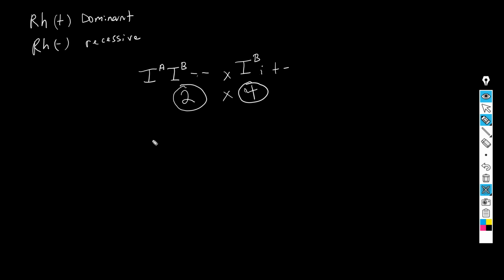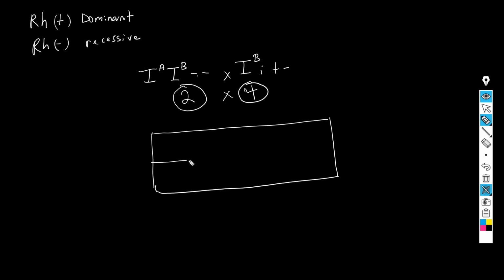So I'm going to draw my Punnett as a 2 by 4. I said that this parent on the left has 2 possibilities. So on my Punnett that has space for 2 possibilities, I'm going to put capital IA negative on one and capital IB negative on the other.